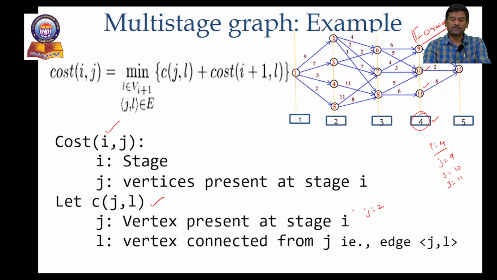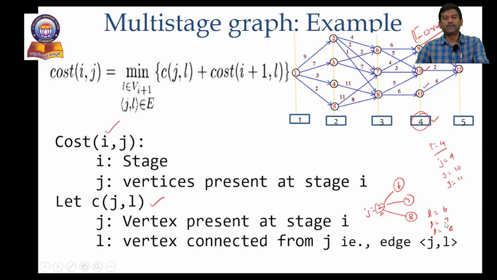From 2, what are the various edges connected? From 2 we can reach 6, from 2 we can reach 7, and from 2 we can reach 8. So the l values become 6, 7, and similarly 8 when you consider c of j comma l.